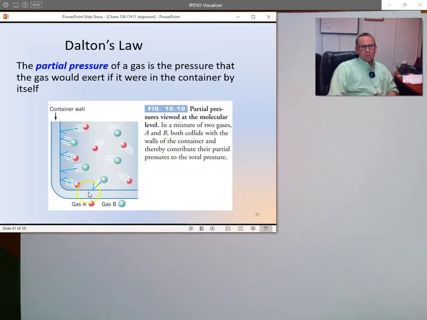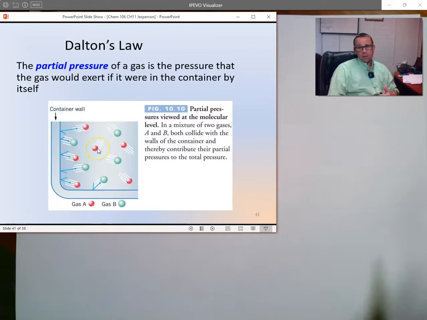If you have more than one component in your gas, the resulting pressure of the individual components of the gas is related directly to the moles of those different gases in the total. All right.